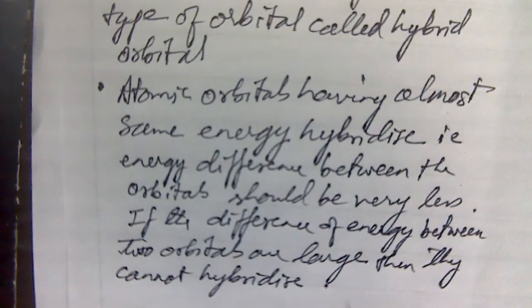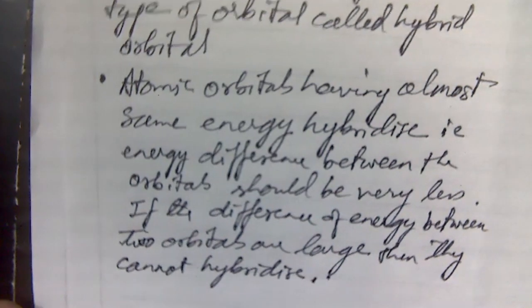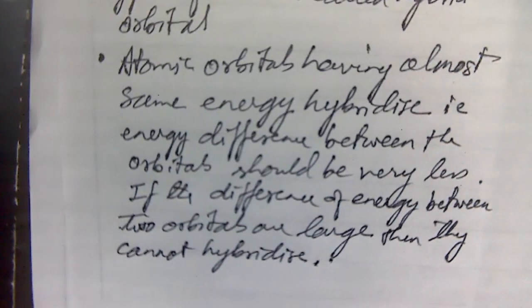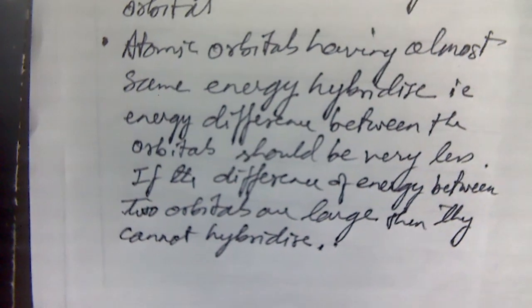Clear? So for hybridization, the energy difference has to be less. If the energy difference is less, they can easily hybridize. Understood? Okay.